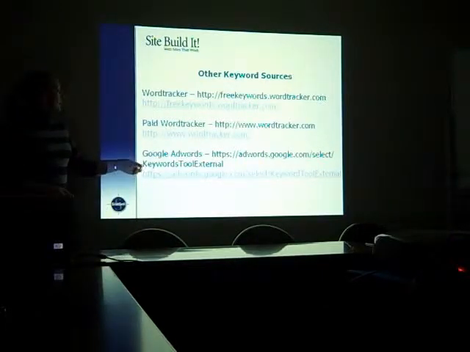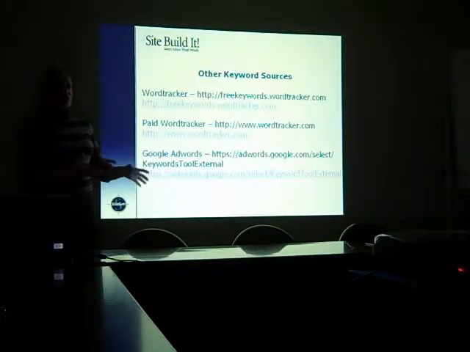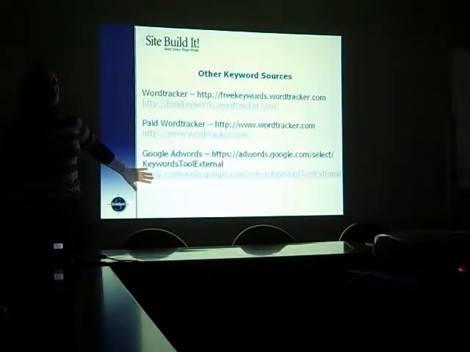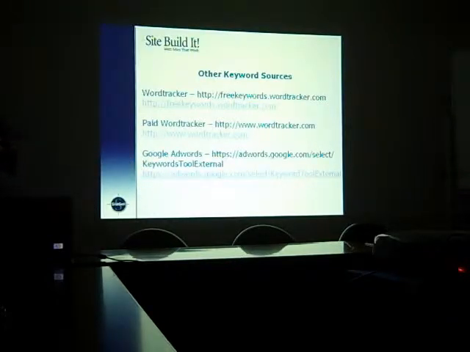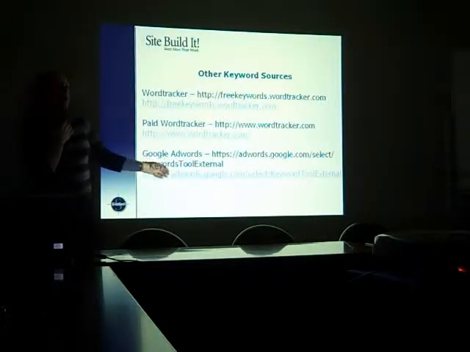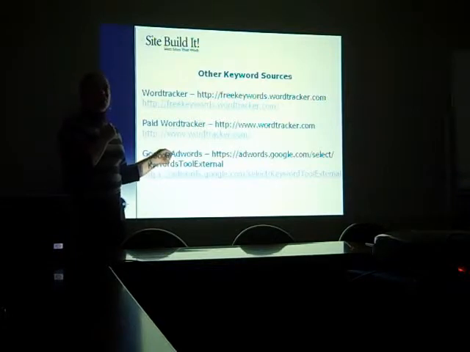Another one that's a good indicator is Google AdWords. Now this is the sister to Google AdSense. So Google AdSense is me. I'm the affiliate, if you like. I want to earn money from Google AdSense. Google AdWords is for the advertiser, but it's a really good indication of which words people are paying money for.